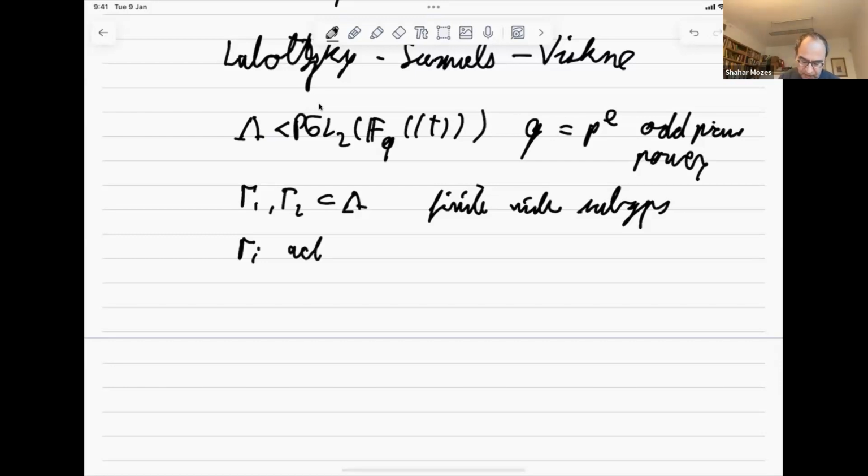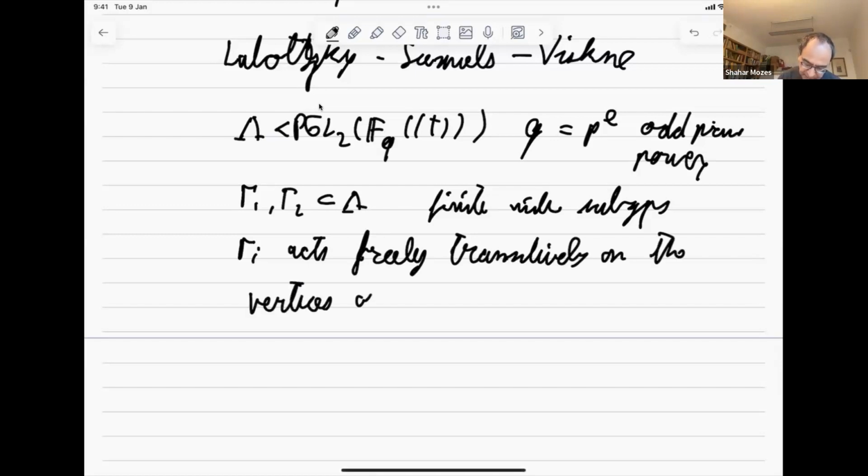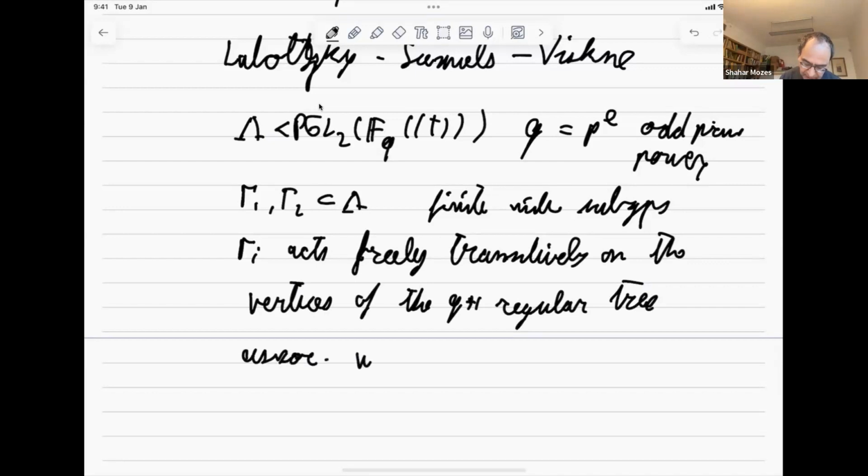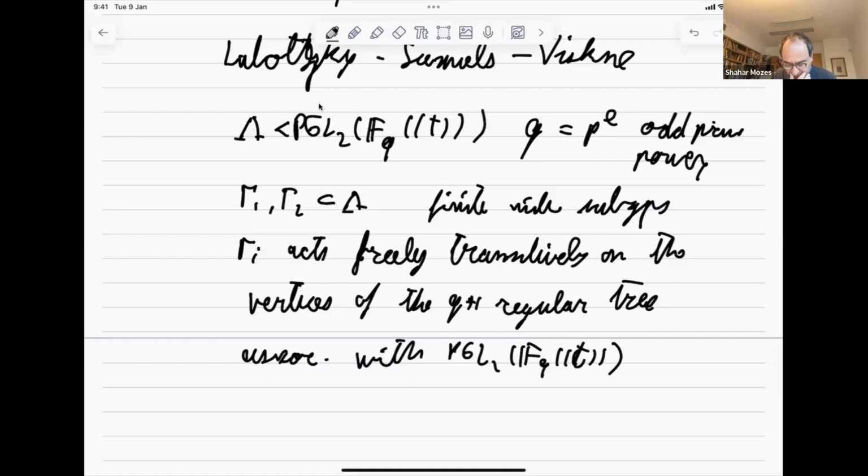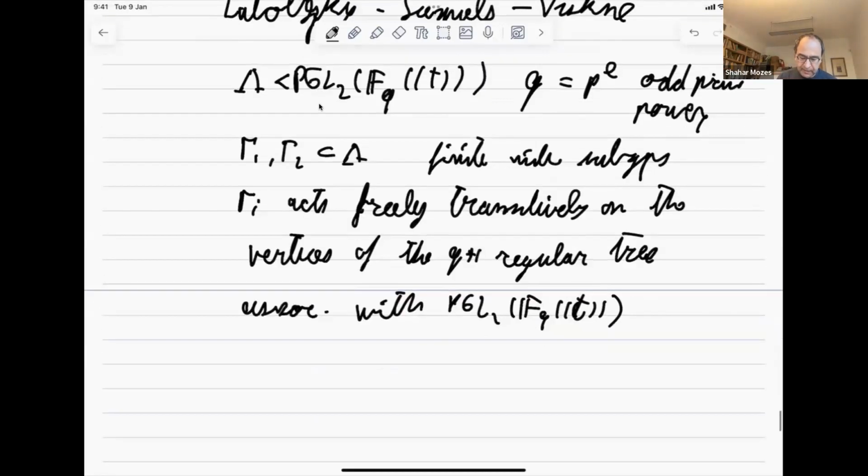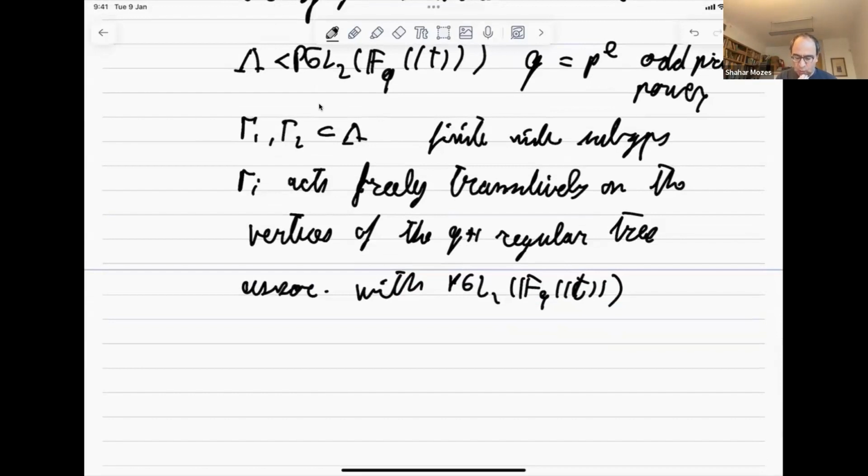You want both gamma i to act freely and transitively on the vertices of the (q+1)-regular tree associated with PGL2 over this field.